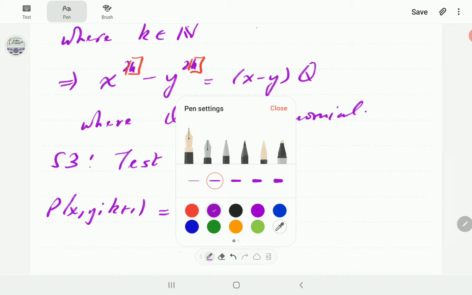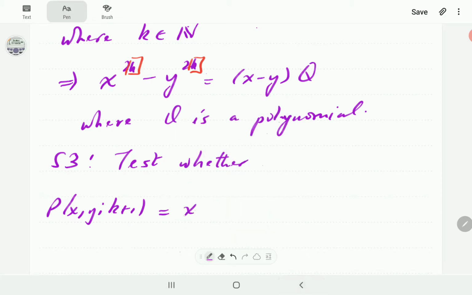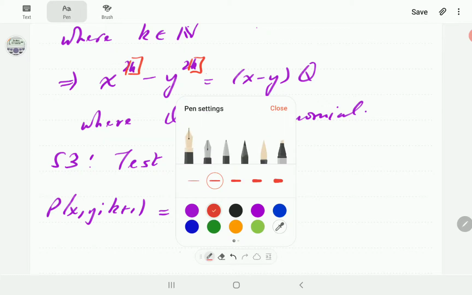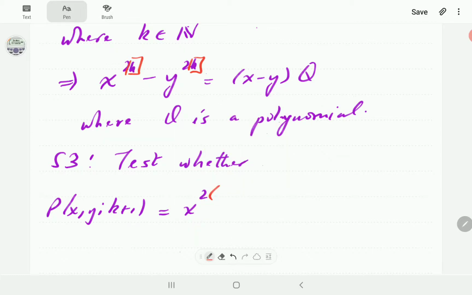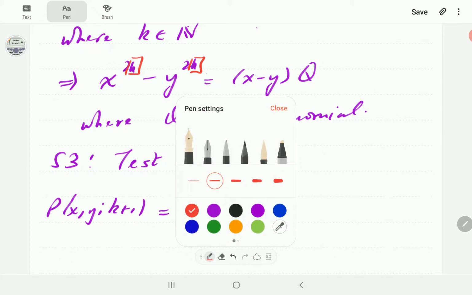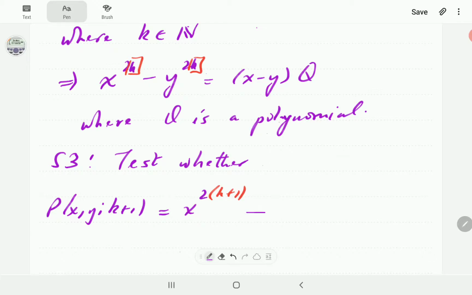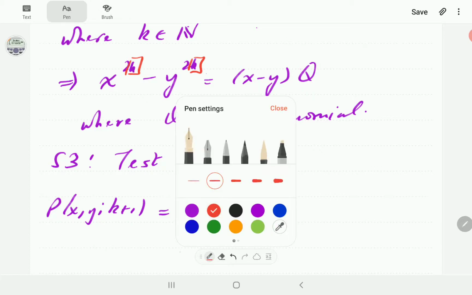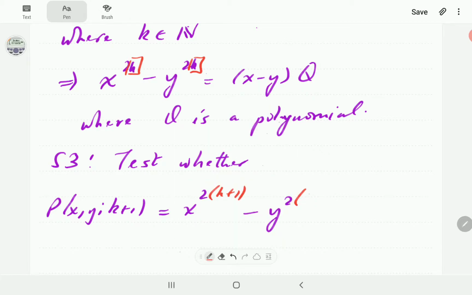So this is going to be x to the power 2 times k plus 1 minus y to the power 2 into brackets k plus 1.